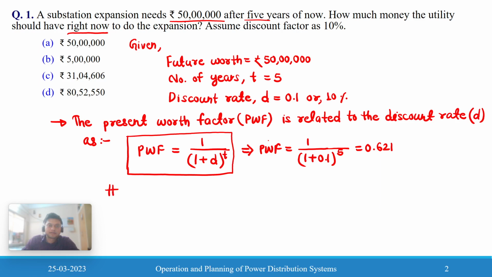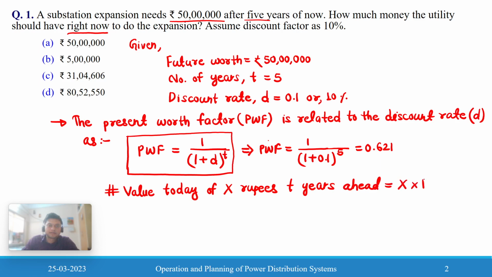And we also know that the value today of X rupees T years ahead, that means suppose X rupees T years ahead, what amount is the equivalent value at present, will be equal to X into present worth factor.